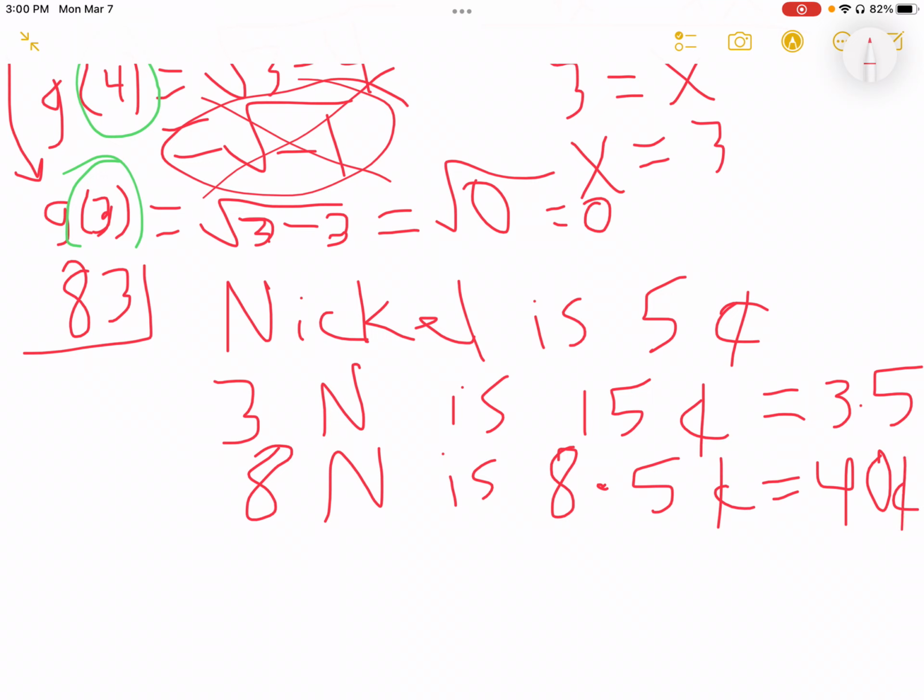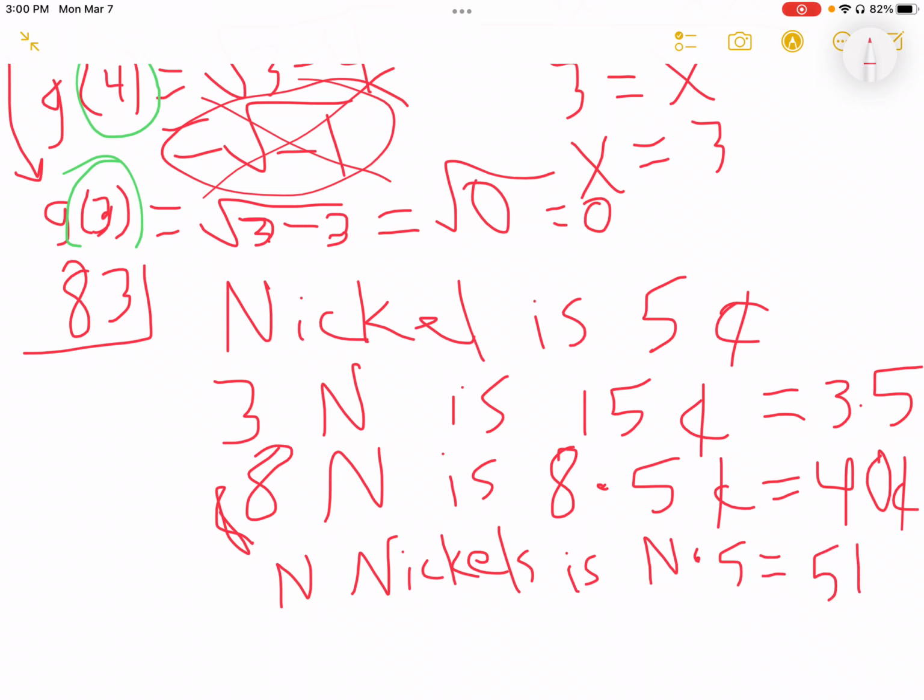So then the value of n nickels, okay, so you see the only difference here is I didn't put a number here. I'm just going to say n nickels, and then I just say it is n times 5, or I could simply write 5 times n like this.